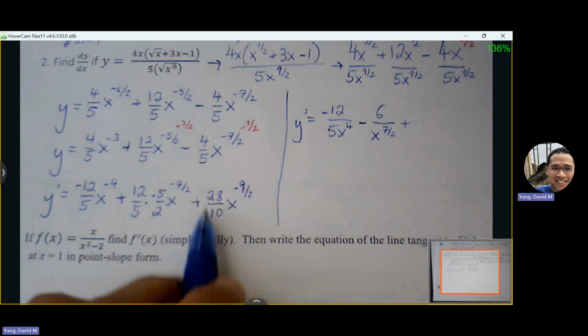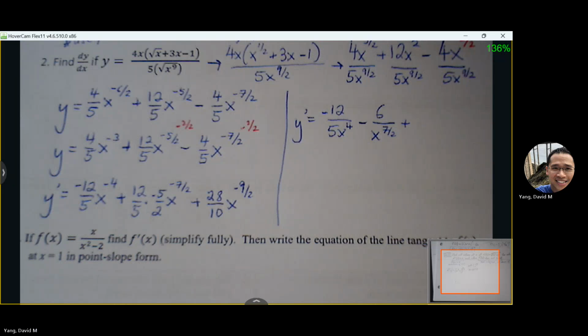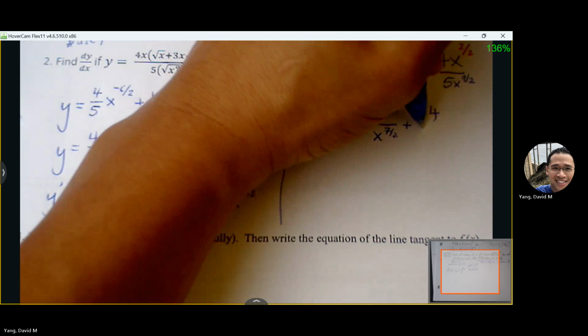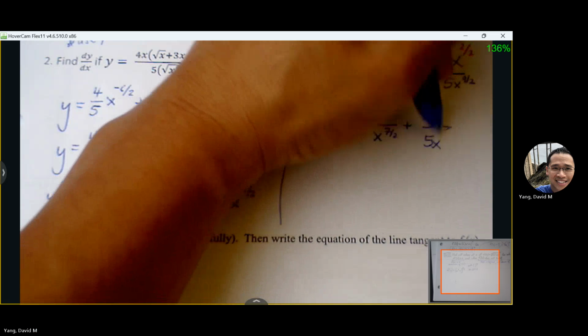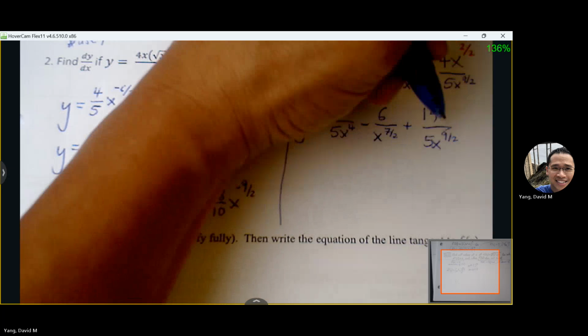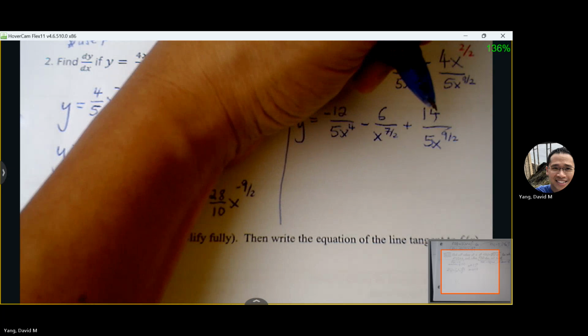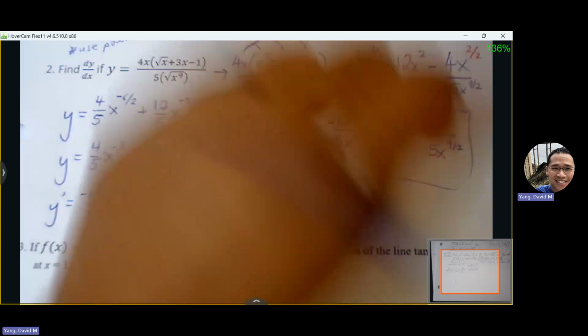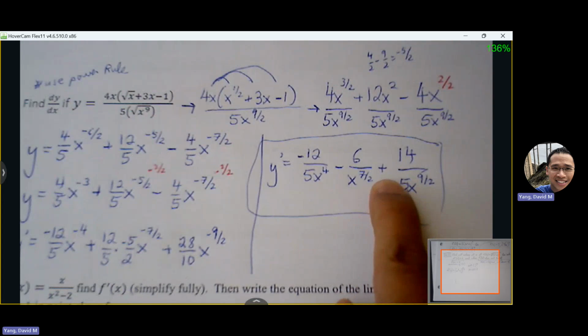Oops, sorry, I lost the negative here. Yeah, plus. I think my key is a little bit off. My sign is off on the key, so that should be a plus there.